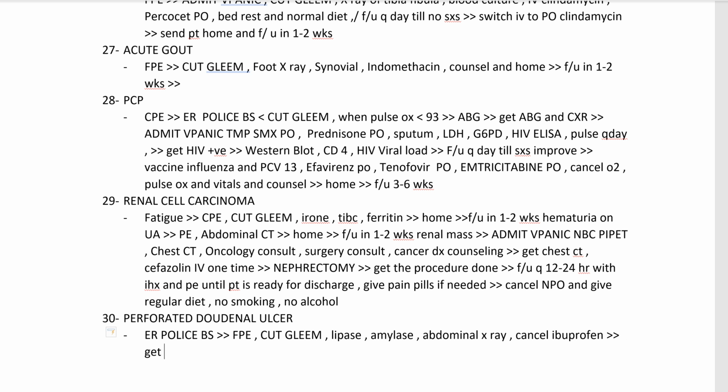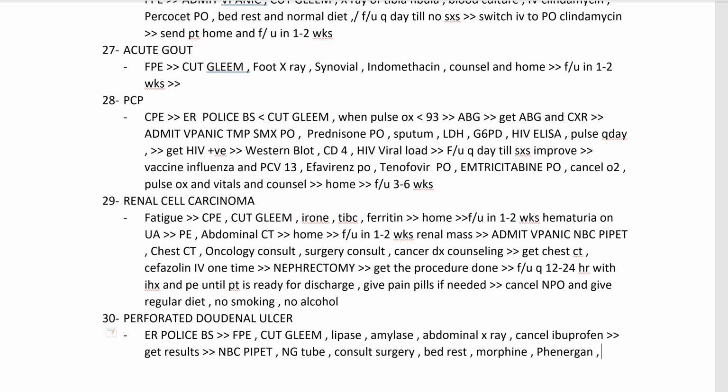And then get results. Once you get the results, you want to get the CBC, pipette, because in case you're going to need surgery for sure, plus the NG tube, nasogastric suction, consult surgery, you order bed rest, urine input output, manage the pain, give him morphine, Phenergan.